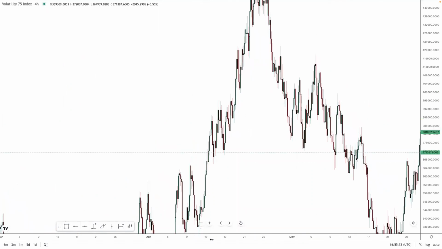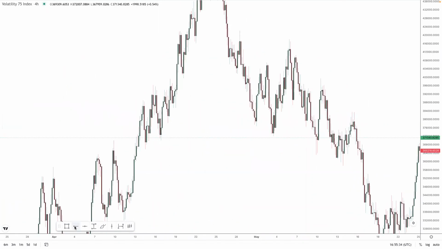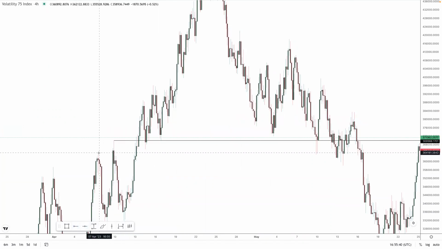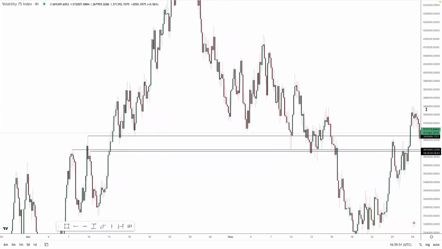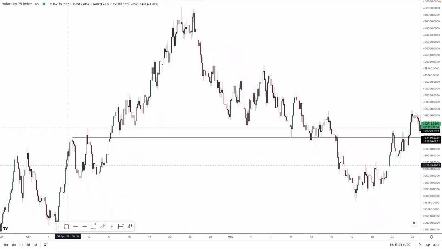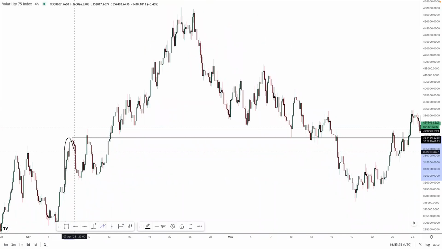We have this example right here. We have this break and retest structure. We have our first hidden invalidation, and we have our second hidden invalidation. We can see that price made a high.